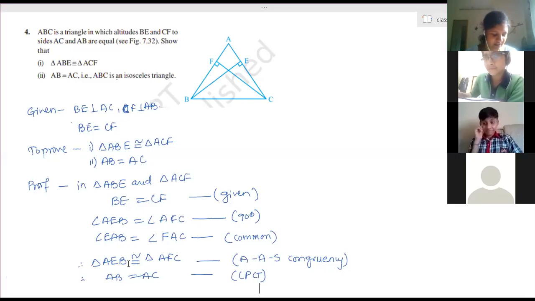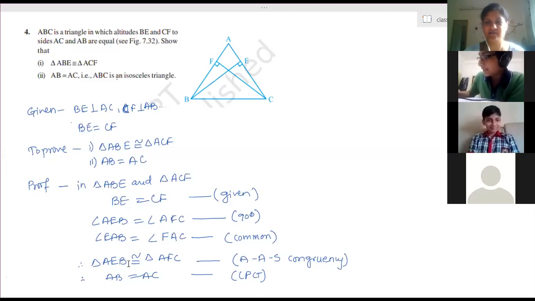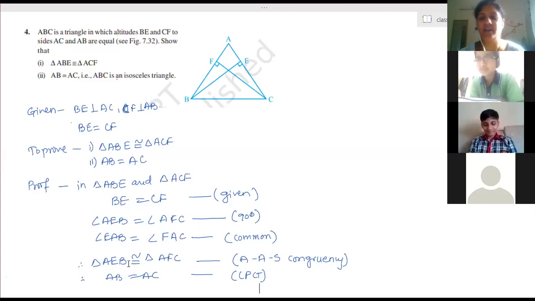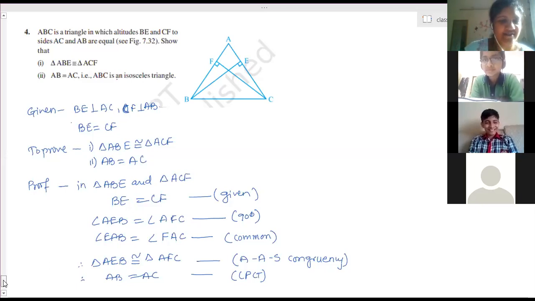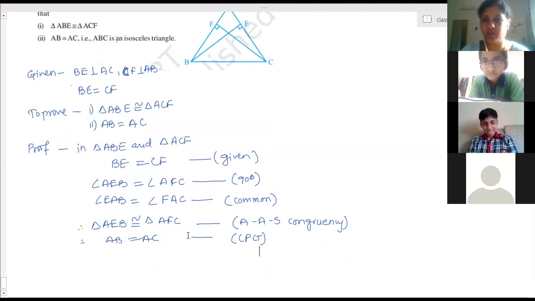The teacher has to work with knowledge, not with whether AEB or ABE is written. Here this congruency should be proper. Whatever triangle you are showing, the equal angles and equal vertices, you have to write on this side. Ganesh will write AEB, you will write ABE. That's not a problem. You both are right. Only if you mismatch the sequence, then it is wrong.